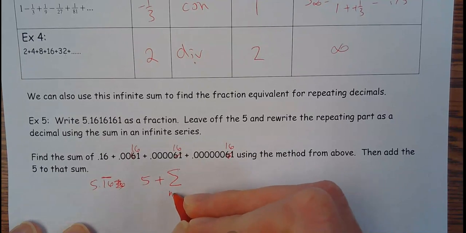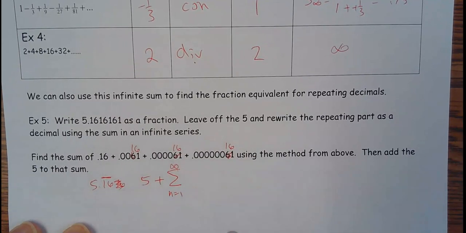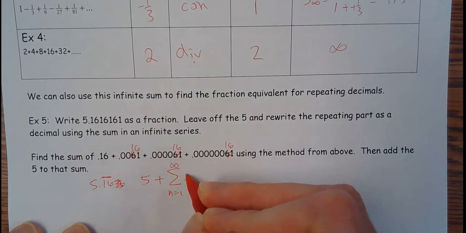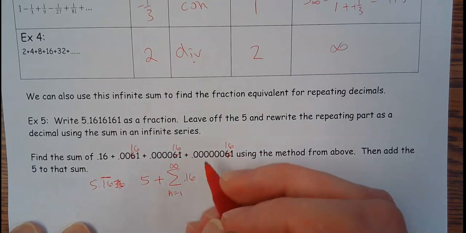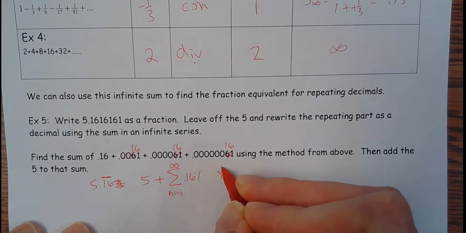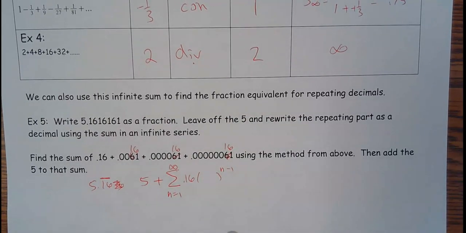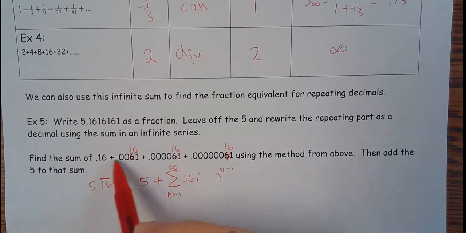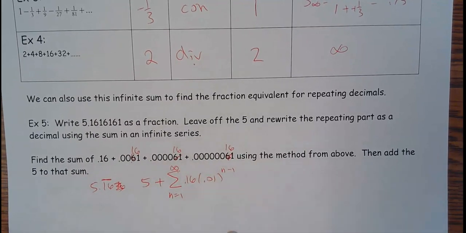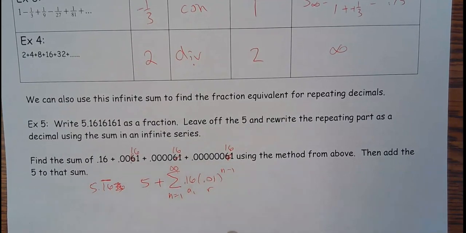I'm going to go from n equals 1 to infinity. And my first term, my a sub 1, is 0.16. And then what am I doing every time here? Okay, so every time, if you take any term divided by the previous, you get 0.01. So that's my r, my common ratio. So I got my a sub 1, my r, and that's all I need.